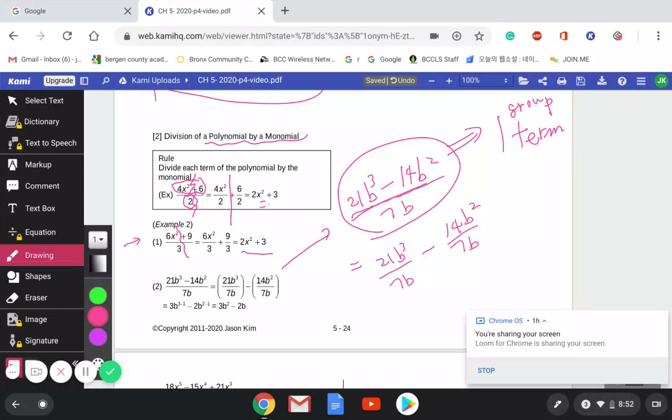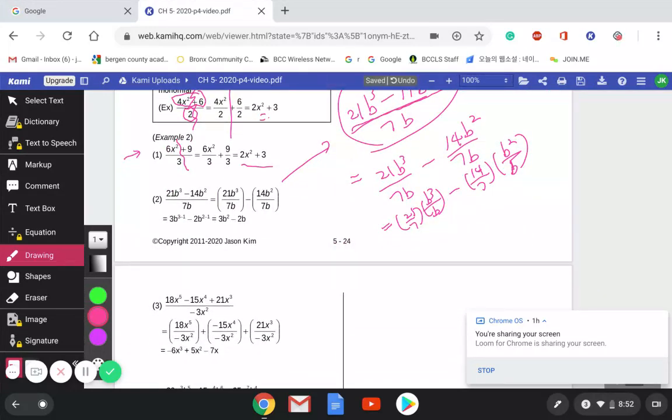Notice that both of them have 7b, but you separate them and then you combine them. So that becomes 21 over 7 as one group, b cubed divided by b as another group, 14 divided by 7 as one group, and b squared divided by b as another group.